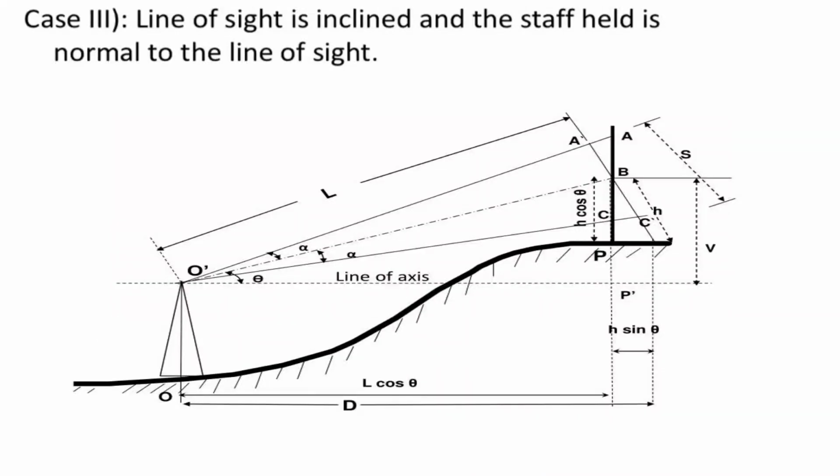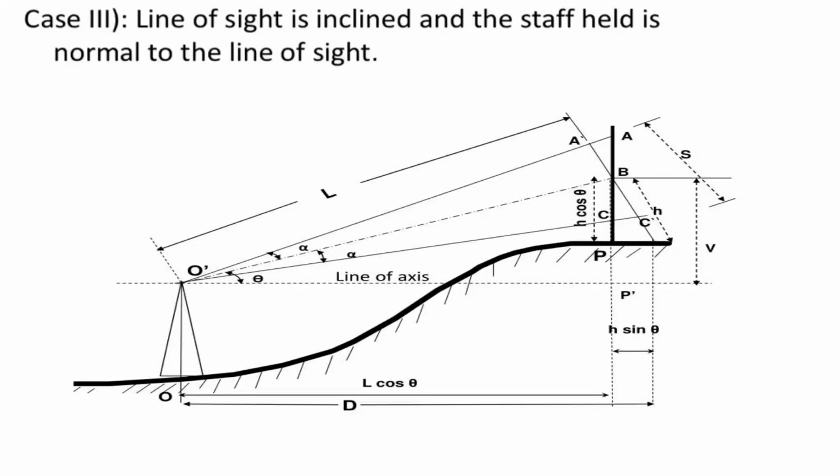Then in the third case, the line of sight is inclined and the staff held is normal to the line of sight. In this method, angles of elevation are considered positive and angles of depression are considered negative.